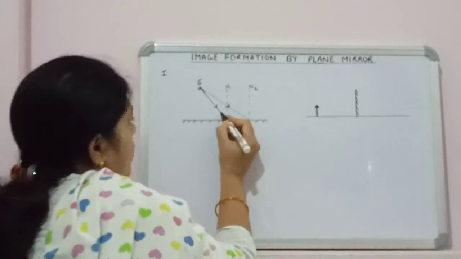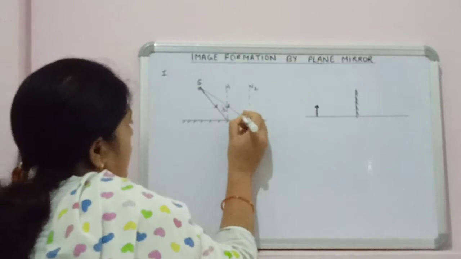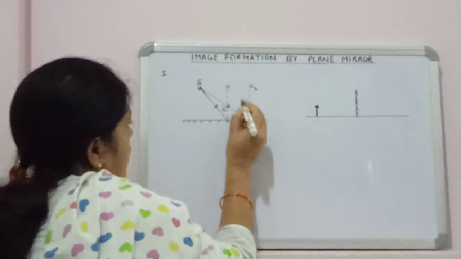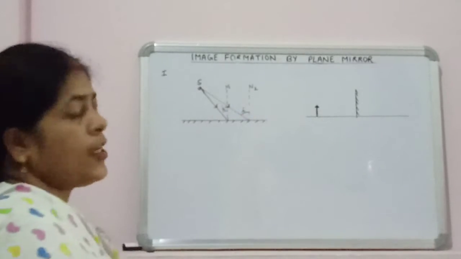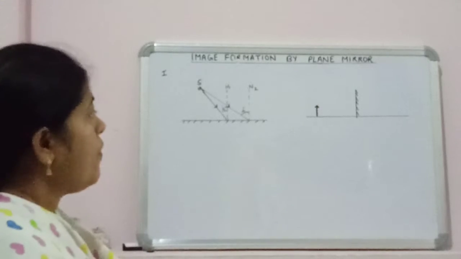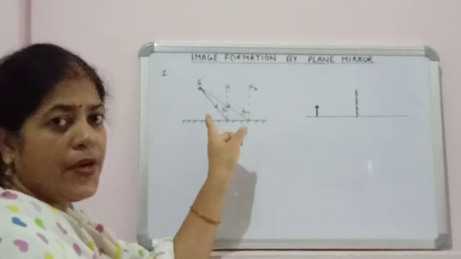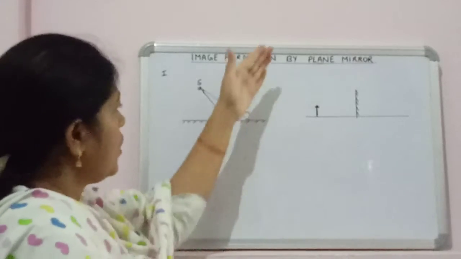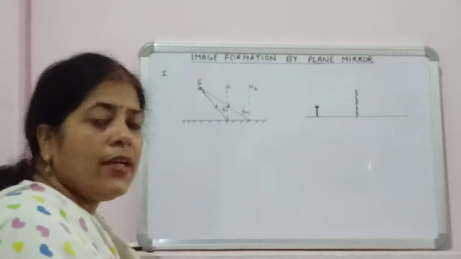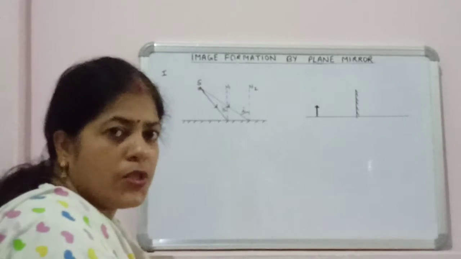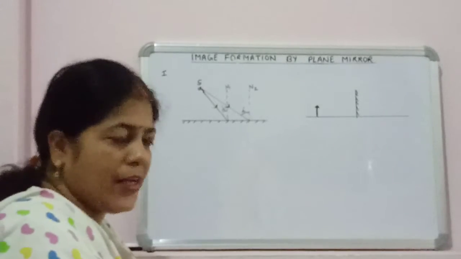Okay, and we can easily show the angle of incidence in these two cases. According to the first law, the reflected ray will be in the same plane as the incident ray and the normal. The rays will reflect back, following the second law also, that is, the angle of incidence is equal to the angle of reflection.